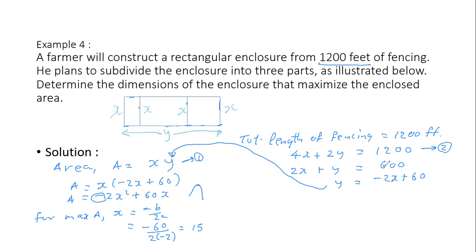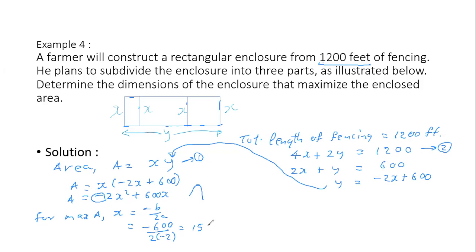Wait a second. Here I made a mistake. This is 600. I wrote 60 here. I dropped a 0. This is 600x. Negative b is negative 600 divided by 2 times negative 2.